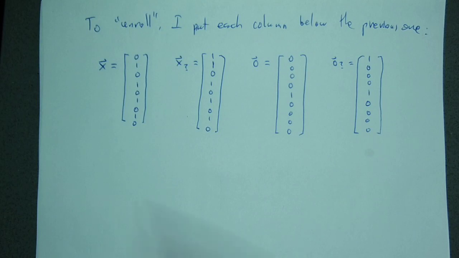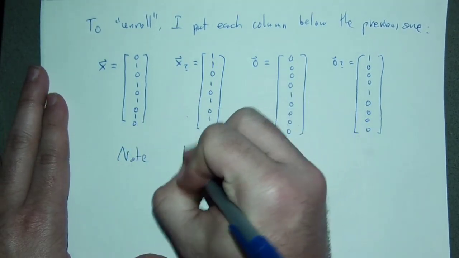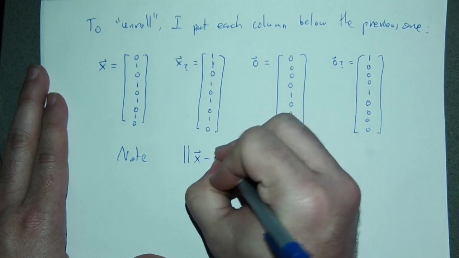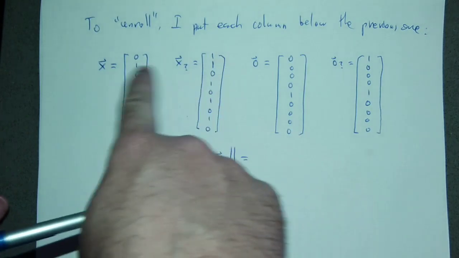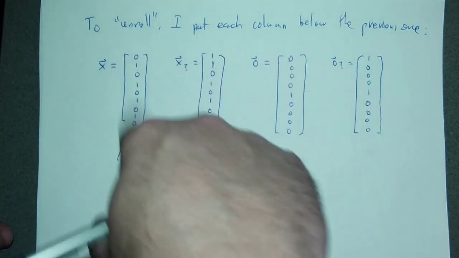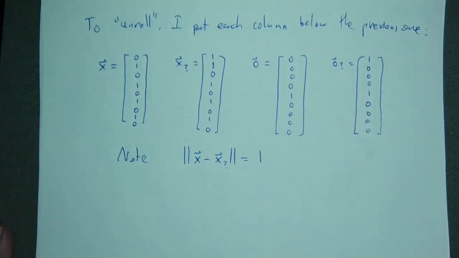And once we've put them in vector form, I can compute the distances between these things. So note that the distance between X and questionable X is, well, they only differ by a 1 here. Every single slot is the same except the first two, and those differ by a 1. So the distance between those two things is 1.